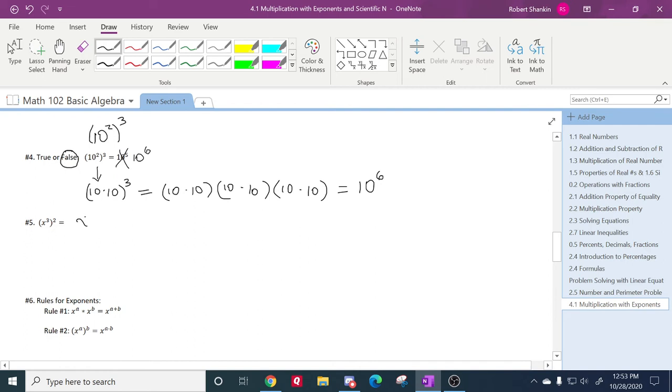I'm going to guess this is x to the 6th, because I wound up having to multiply those two over here. Let's see if that makes sense as far as expanding it out. What does x to the 3rd really mean? It means 3 x's multiplied together. What does anything squared mean? It means whatever you have is multiplied by itself. And then how many x's are there all together? 6.